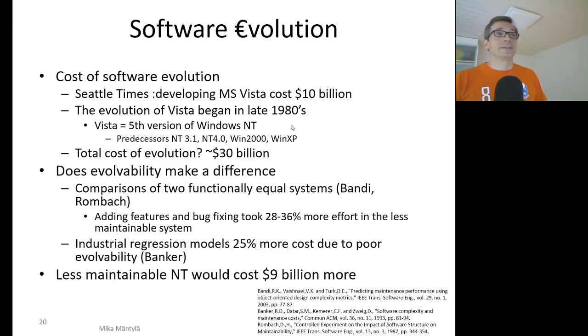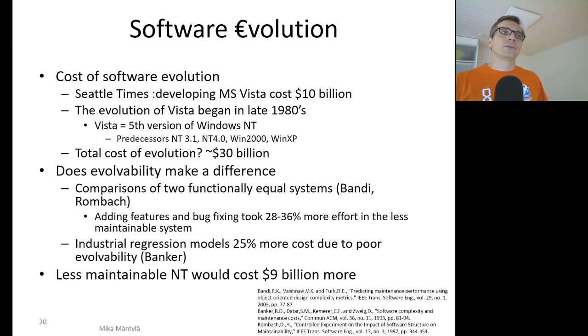As we know, the evolution of Vista, which is the Windows NT based operating system line, started in the late 1980s, and Vista is the fifth version of Windows NT. We may guess that the total cost of evolution is 30 billion, and probably even more, given that since then Windows 7 and Windows 10 have also appeared.